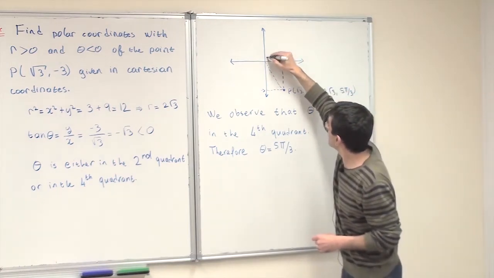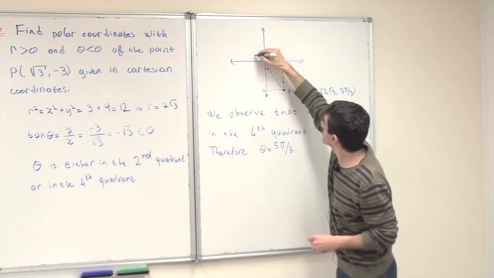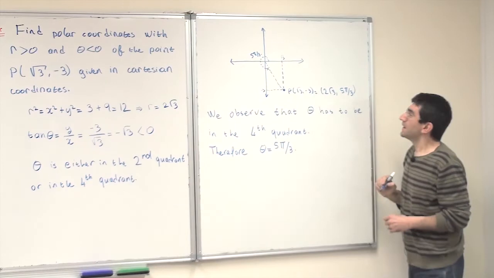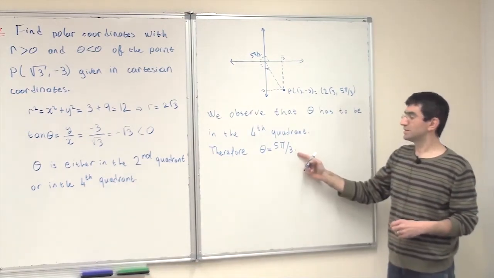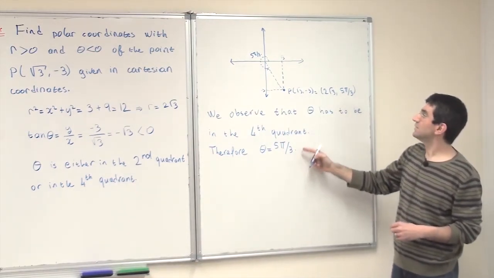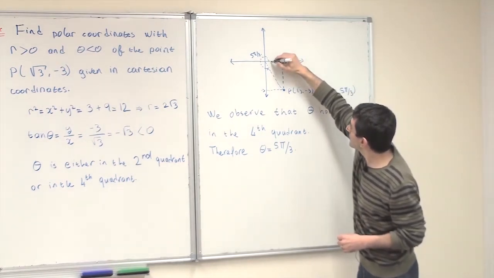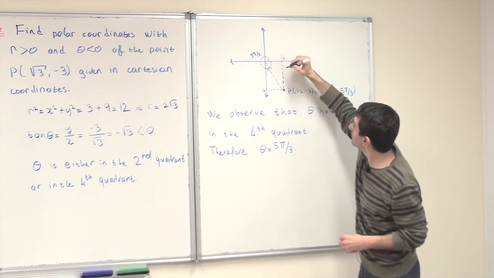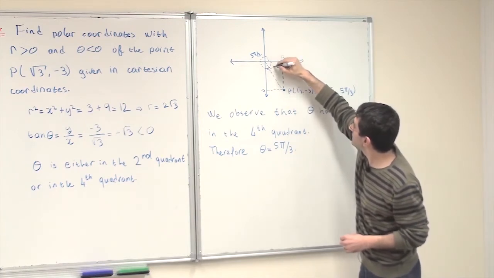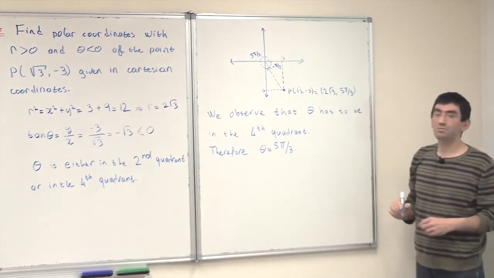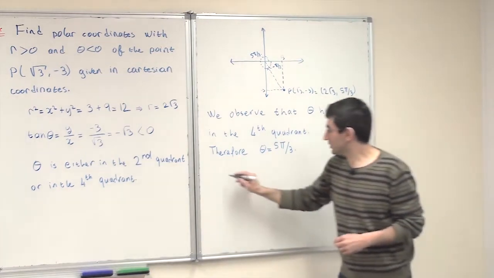So 5 pi over 3 corresponds to this rotation. But since we want a negative angle, which means a clockwise rotation, we need to calculate this angle here, which is, from the picture, negative pi over 3.